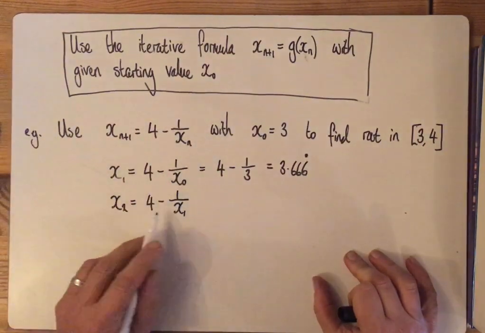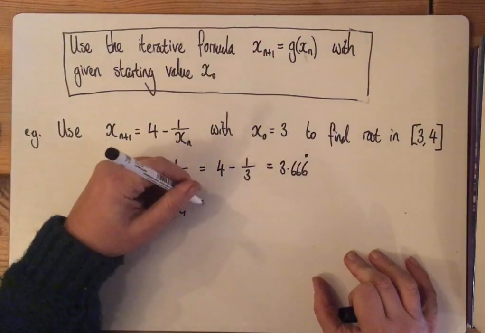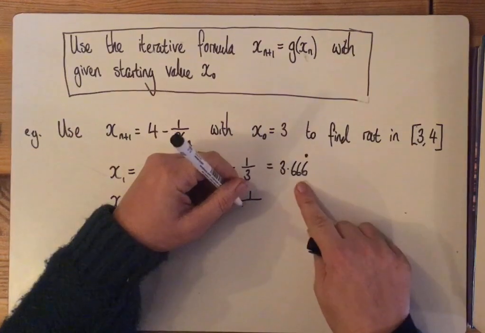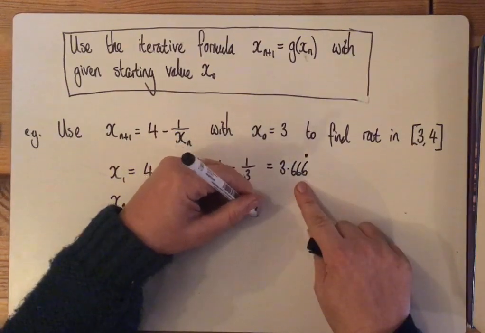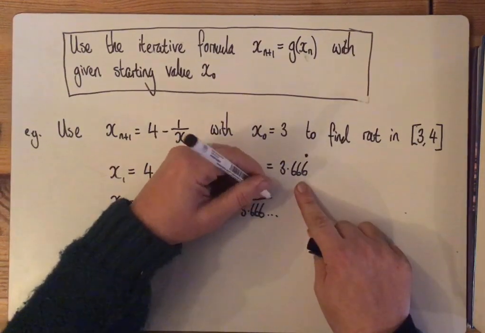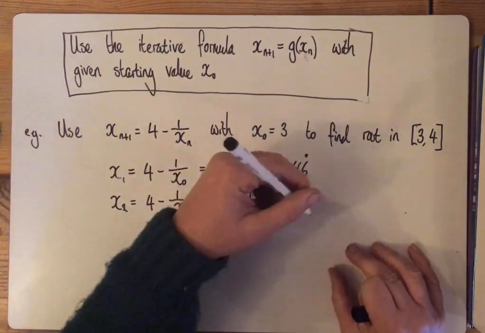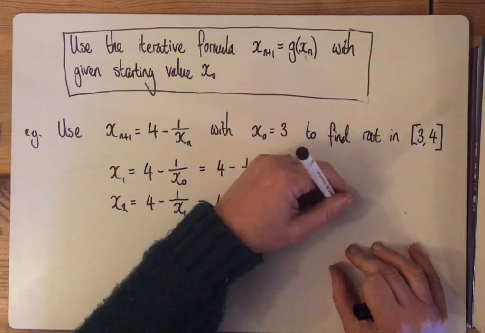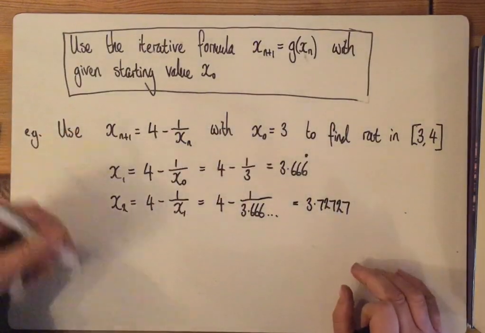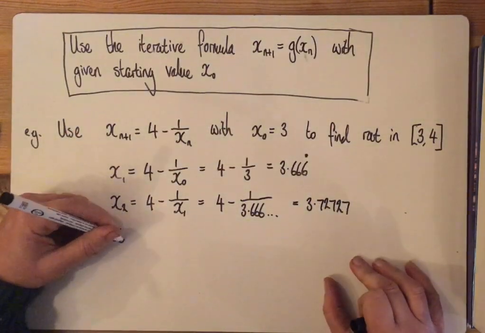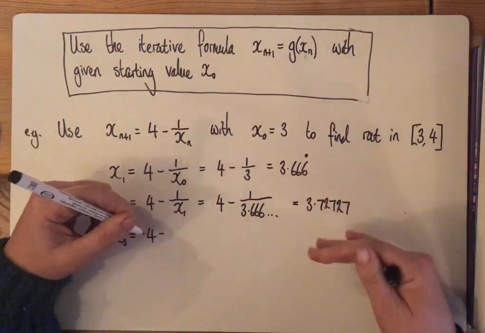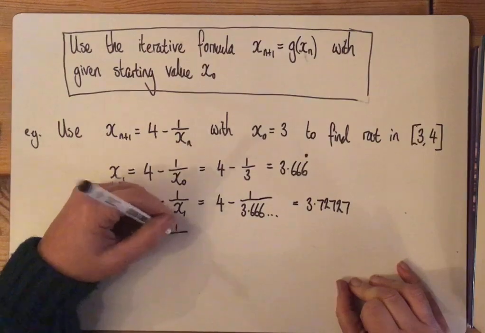So x_2 is 4 - 1/x_1, so you do 4 - 1/3.666 recurring, and that gives you 3.72727. And so you're building up a series of numbers that are getting closer and closer to the root.